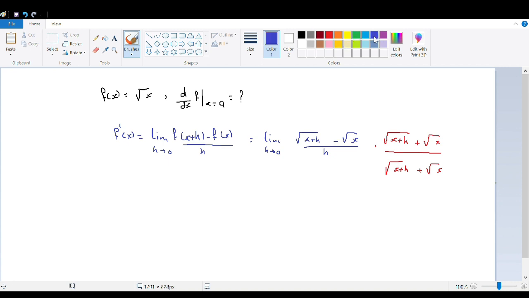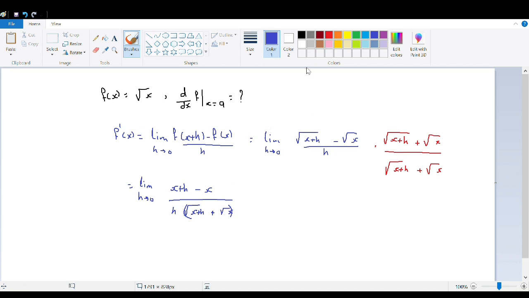Now we will simplify. Root of x plus h multiplied by root of x plus h is x plus h, minus root x multiplied by root x, which is minus x, and this is all divided by h multiplied by root of x plus h plus root of x.